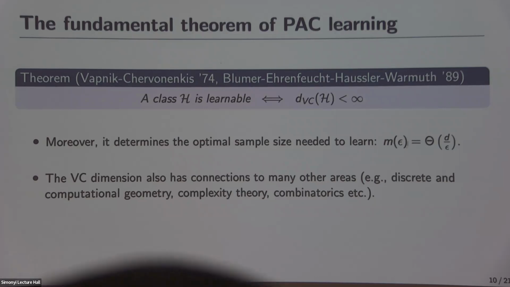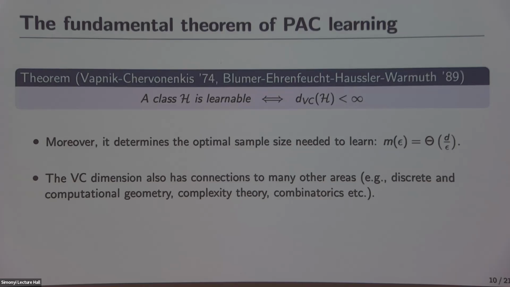So this m of epsilon that we talked about earlier is essentially D over epsilon, where D is the VC dimension of the class. A bit more generally, the VC dimension also has connections to many other areas beyond learning theory, for example, discrete and computational geometry, complexity theory, combinatorics, and more.